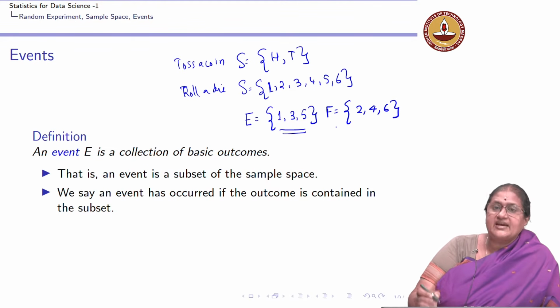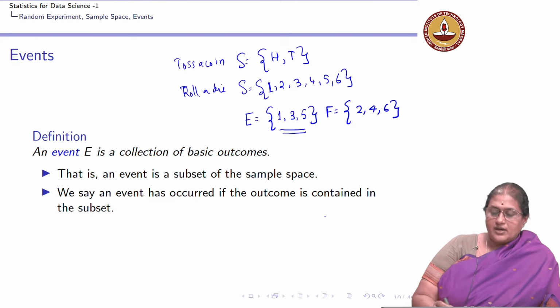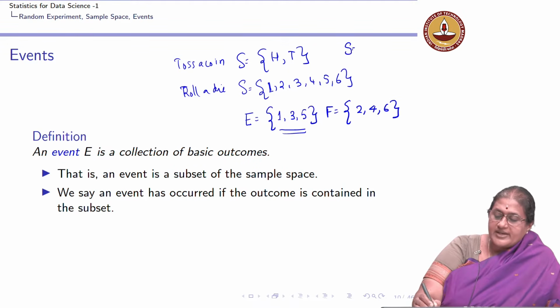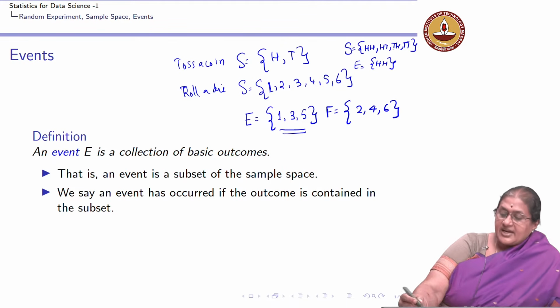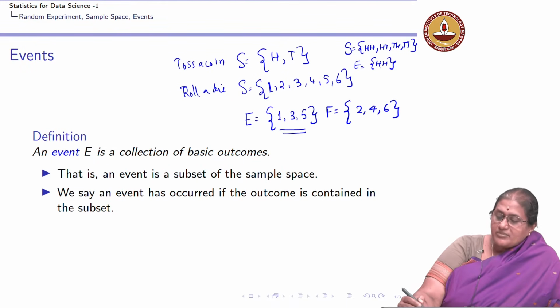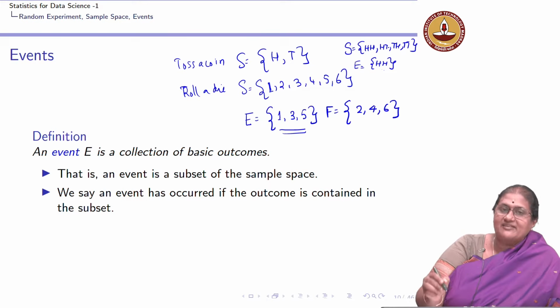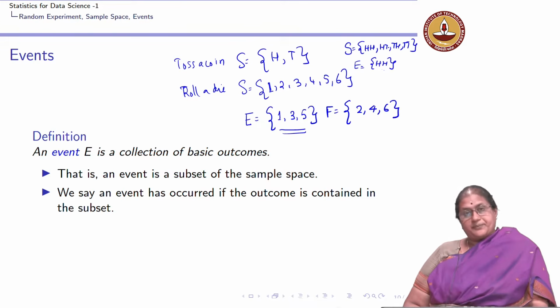Now, when I toss a coin twice, I know my sample space is HH, HT, TH and TT. I can define an event which is HH, a set of basic outcomes. Here it is a singleton, only one basic outcome, but nevertheless it is an event.